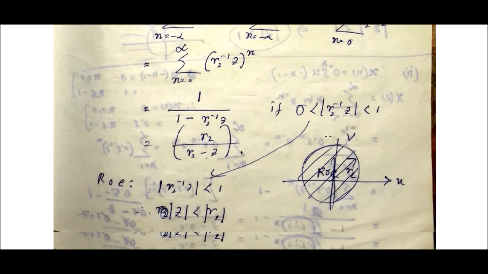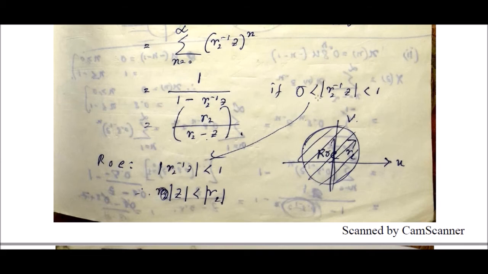It should be a fraction number. From this condition, the magnitude of R2 to the power minus 1 Z should be less than 1, so you can write that the magnitude of Z should be less than R2. Again, magnitude of Z equal to R2 represents a circle with radius R2, and this region represents magnitude of Z less than R2.